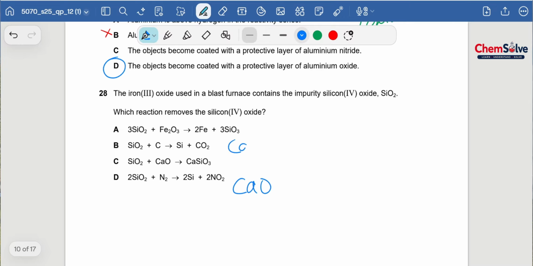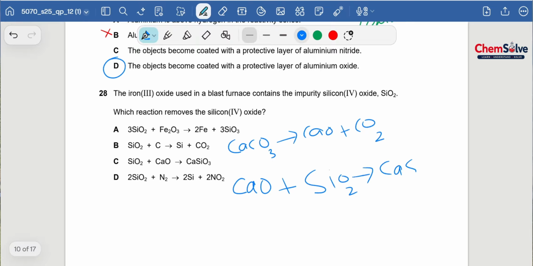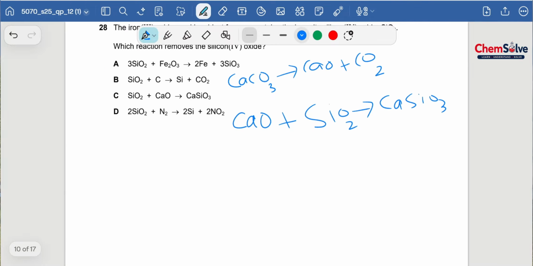CaO, which is obtained by the thermal decomposition of calcium carbonate, reacts with silicon dioxide, the impurity, and it forms CaSiO3, the slag. This is the reaction which removes impurity during the blast furnace. So option C is the correct option here.